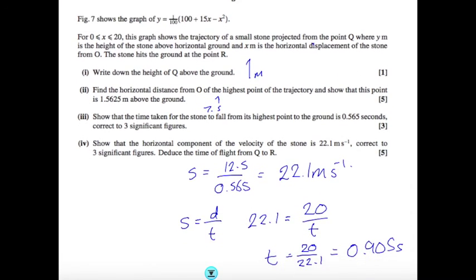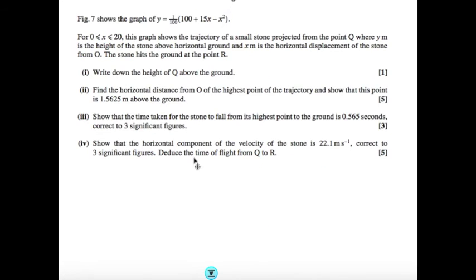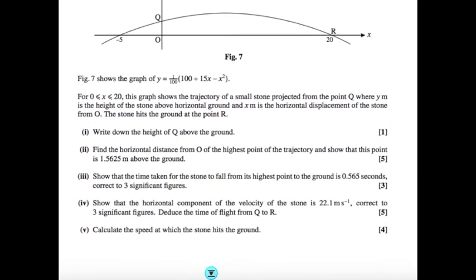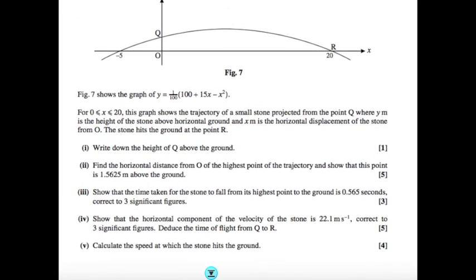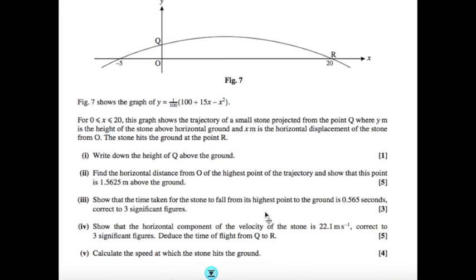Okay, good. Right, are we ready for the last part? Part 5: calculate the speed at which the stone hits the ground. I think we're going to have to go all the way back to part 3 to work out the vertical speed it's hitting the ground.